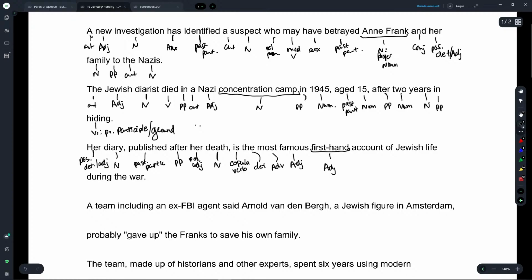So, adjective, account, noun, of, preposition, Jewish, adjective, life, noun, during, preposition, the, article, and war, noun. I'll check whether in hiding is indeed a phrasal verb. I'll get back to in hiding.